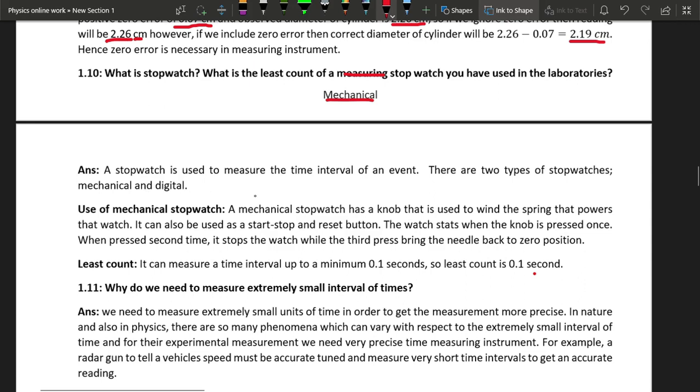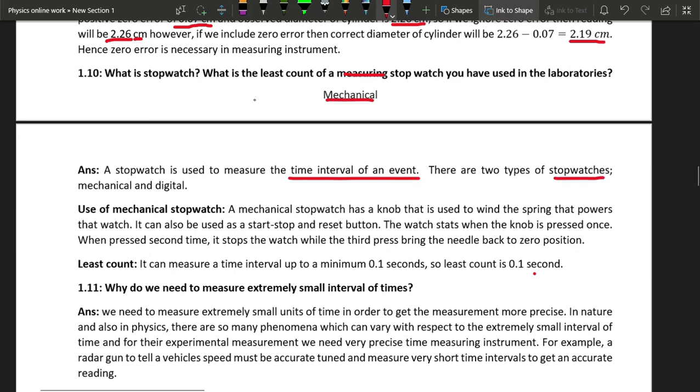If you want to measure the time interval of any event, you can use these stopwatches. There are two types of stopwatches: digital stopwatch and mechanical stopwatch.